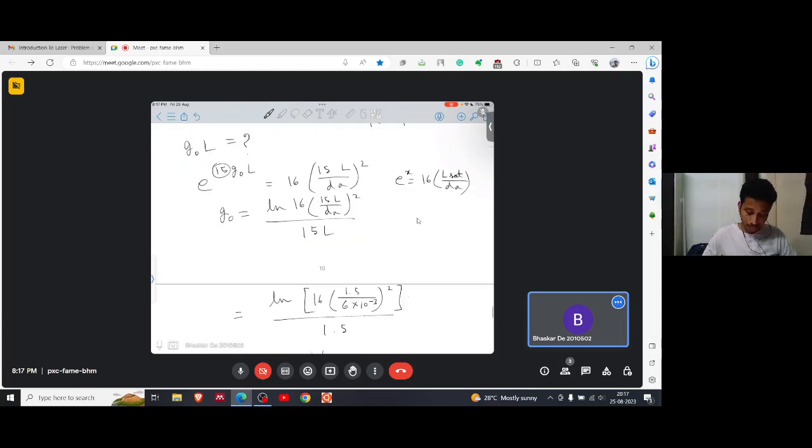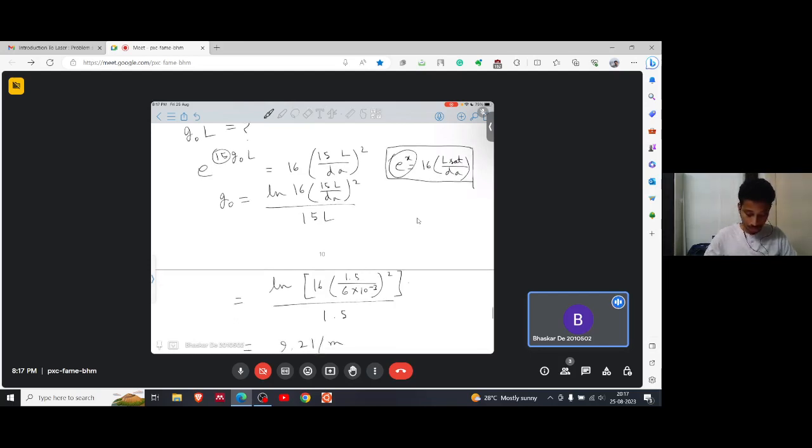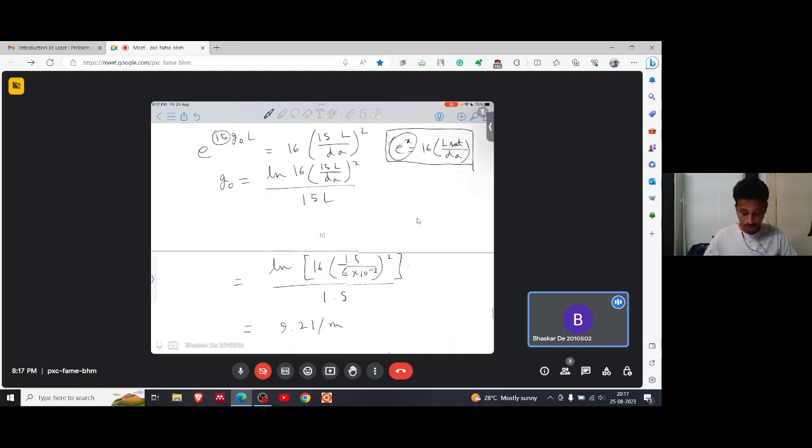So this is the gain, and this is the saturation length of the amplifier, and this is the diameter of the gain medium. The derivation of this formula is not required, but this formula is an important one to solve this kind of problems.